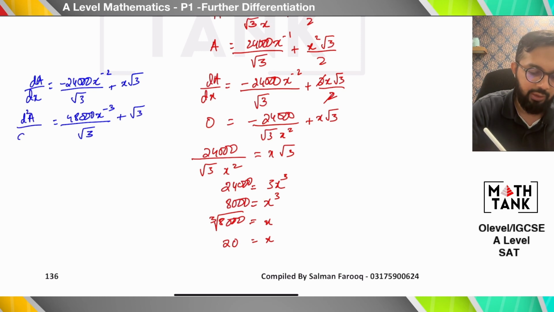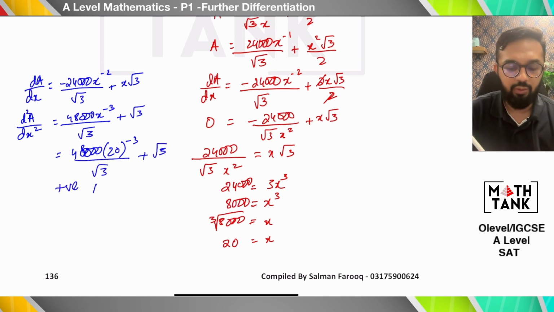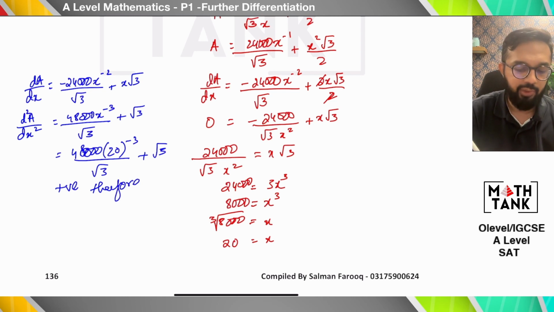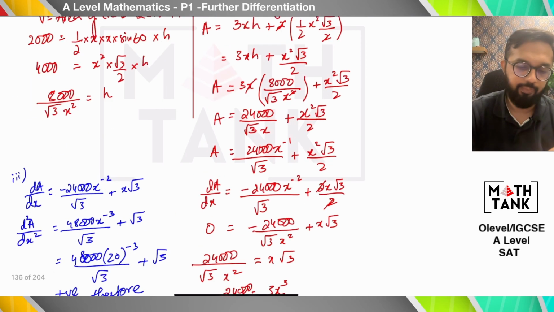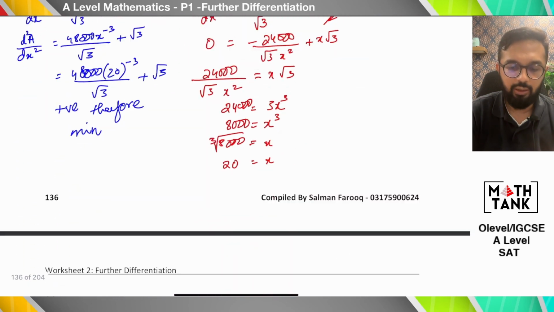That's the double differentiation. I'm going to plug in the value of x and say that this gives me a positive number, positive, therefore minimum. Okay, that is part 3. Yep. Okay, that's the entire question then.